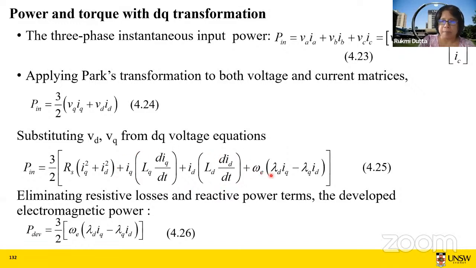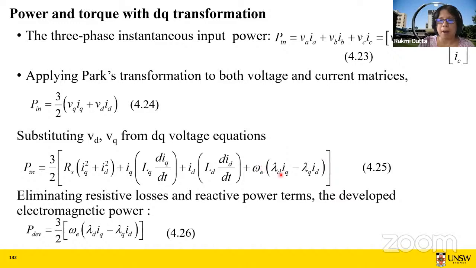And the third term, which is omega E, the synchronous electrical speed, times flux linkage in the d-axis times q-axis current, minus flux linkage in the q-axis times the D current. This is actually the real power, which in a motor will convert to mechanical work or torque, and in a generator, this is the power which you will be interested in.